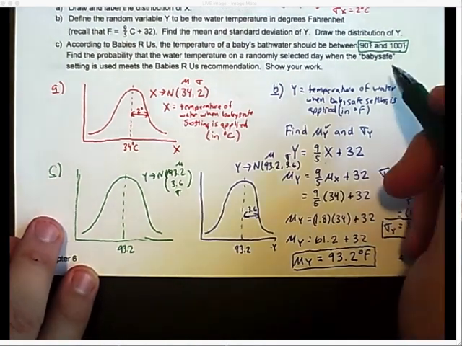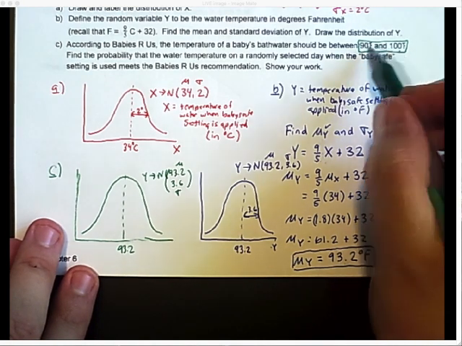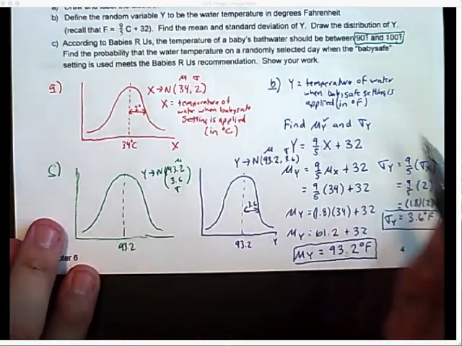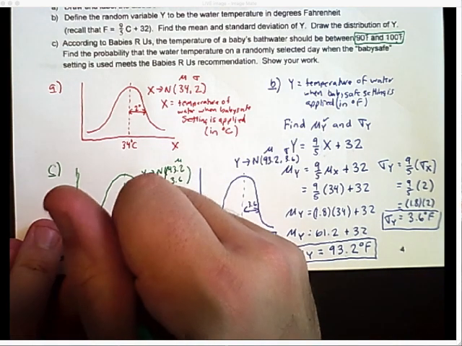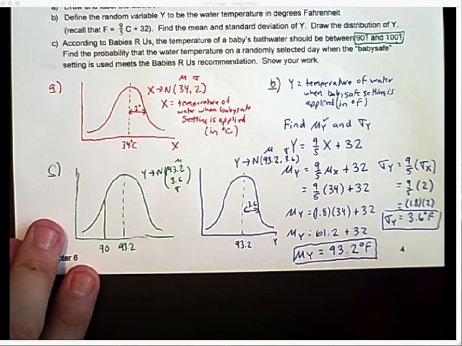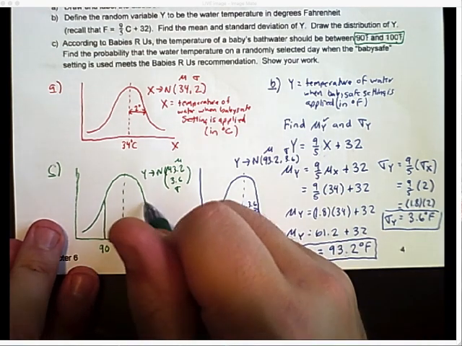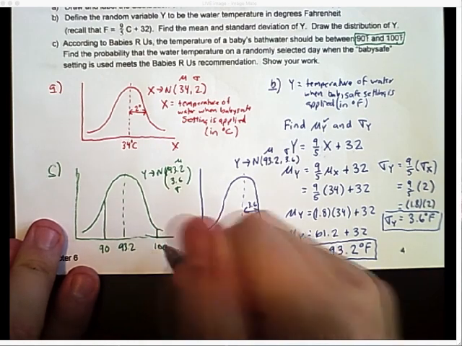They want to know what's the probability that if I use Baby Safe, I'll get a value between 90 and 100. All right. So 90 might be about right there. It's going to be less than 93.2, and 100 might be about right there on the curve.